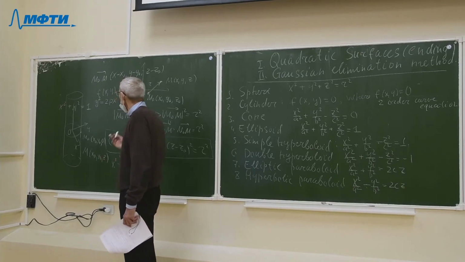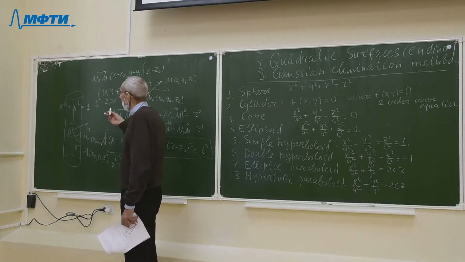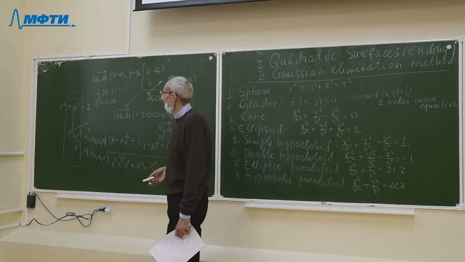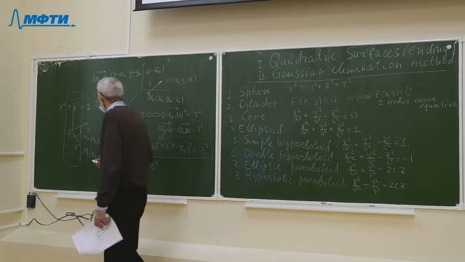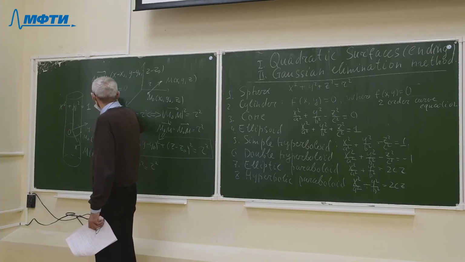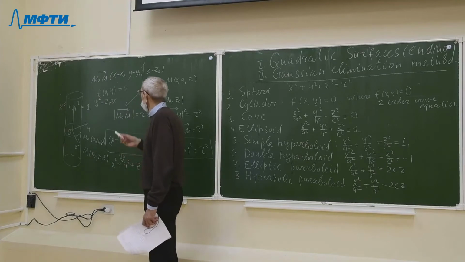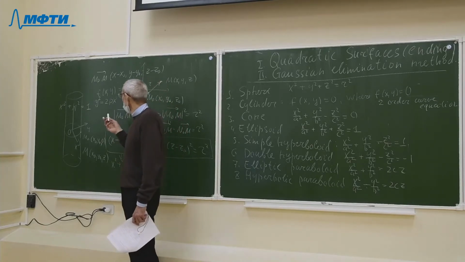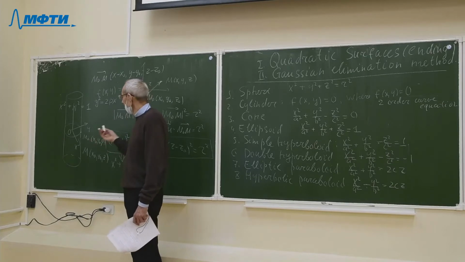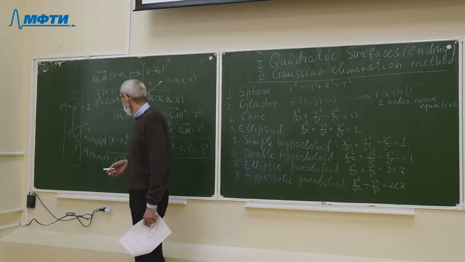In the same way we can obtain the elliptic cylinder and the hyperbolic cylinder. Also we can change the coordinates x, y to the coordinates x, z or y, z, and we obtain a cylinder which contains straight lines parallel to the other coordinate axes.